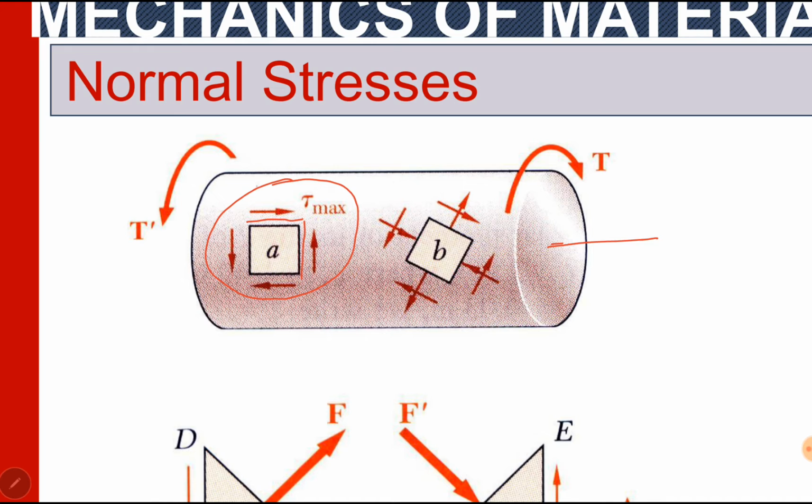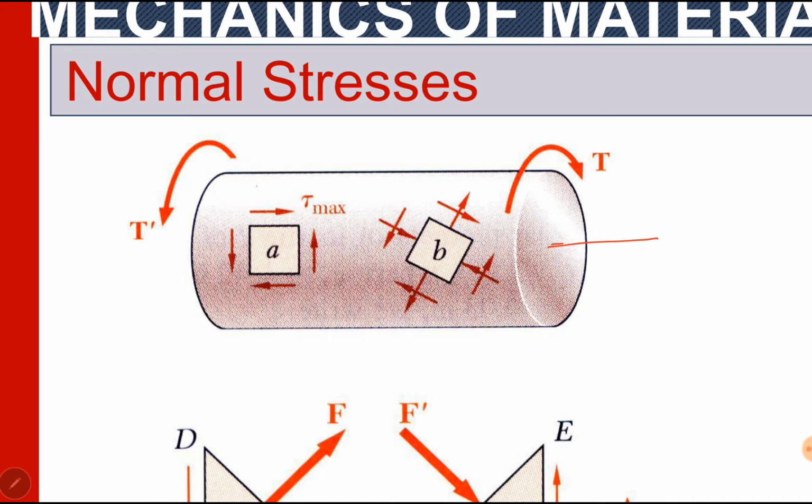So this element is under pure shear loading and the shear stress will be maximum, tau maximum, at the outer surface. But for any other element, for example element B, if its sides are neither parallel nor perpendicular to the member axis, it may be under either normal stress or a combination of normal and shear stresses.